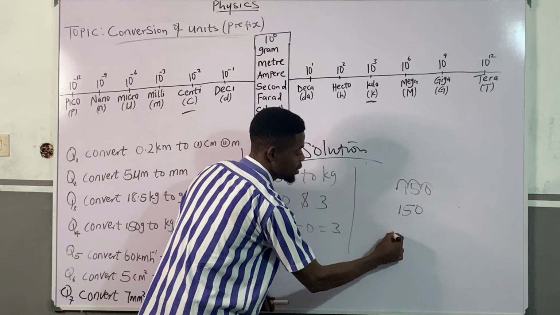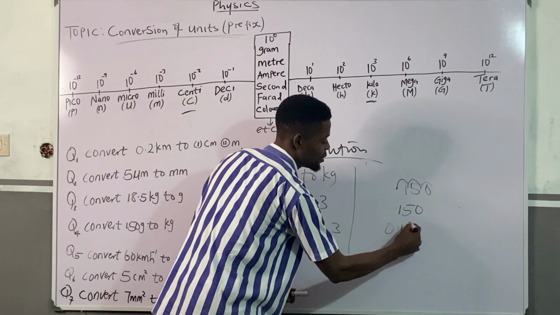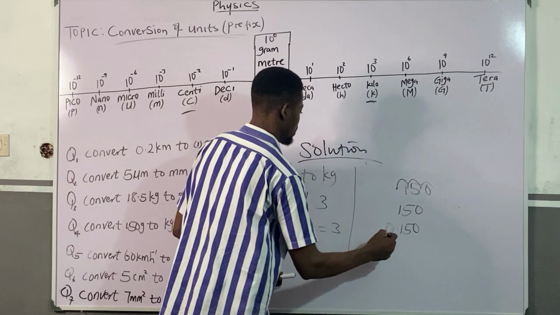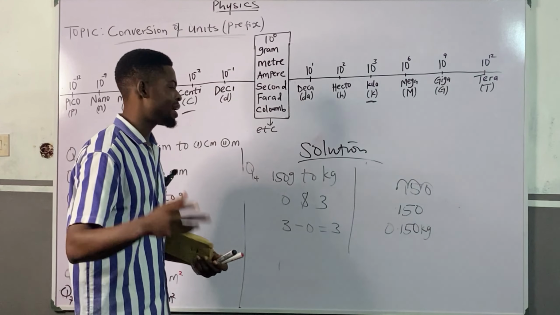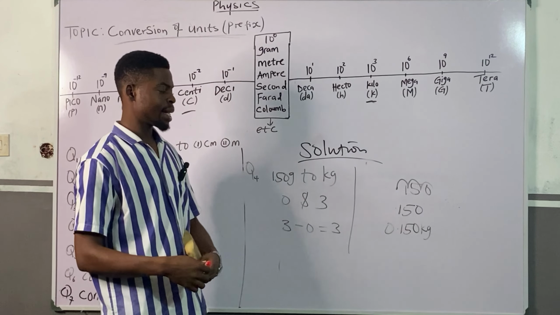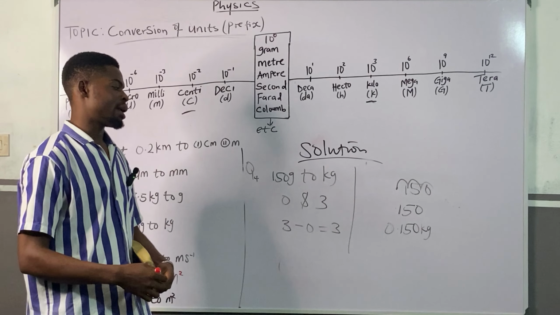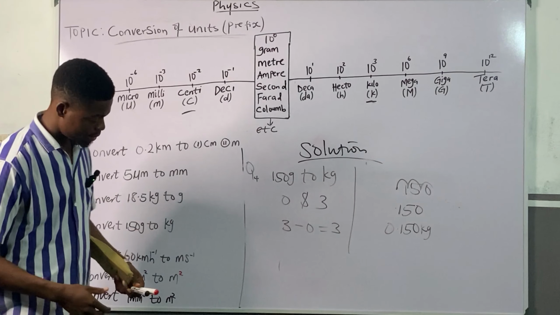So we have 0.150 in what? In kg. So it therefore implies that 150 gram is equal to what? 0.150 kg. Okay, so that is for that.